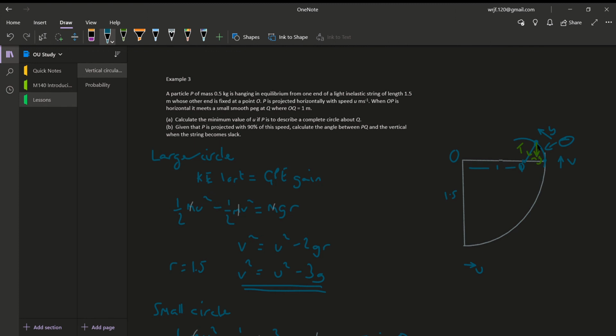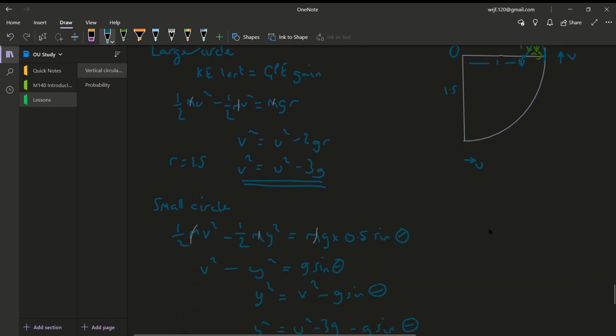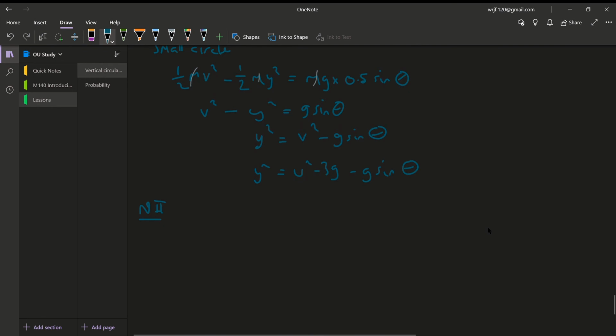And the component that I want is going to be the sine theta component. You might need to just convince yourself of that. I hope you'll be able to do that, though. I'll see that fairly straightforwardly. So my forces are T plus mg sine theta.